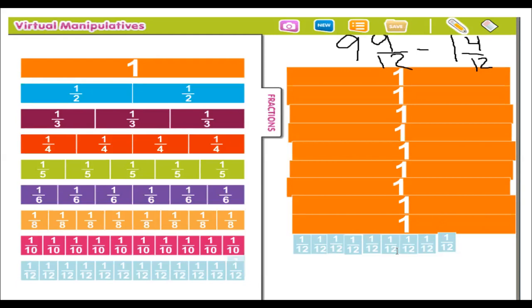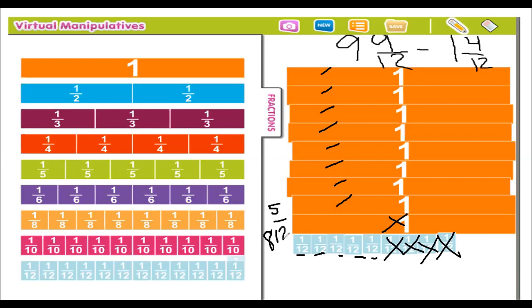We're going to take away, follow me here, this 1 whole, okay? And we're going to take away 4/12. Now we're going to count what's left. 1, 2, 3, 4, 5, 6, 7, 8, and 1, 2, 3, 4, 5, 12.